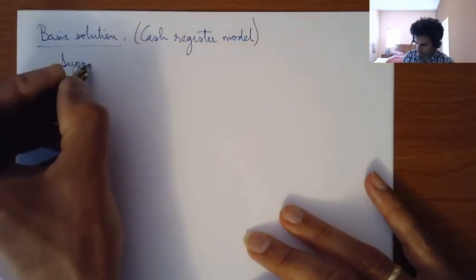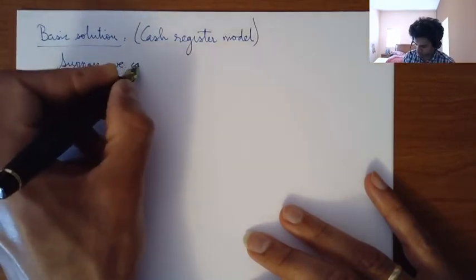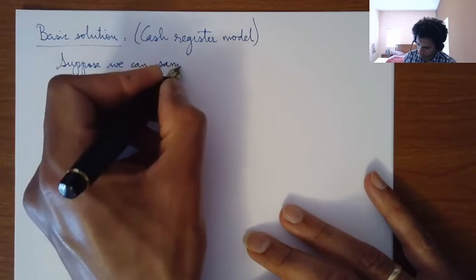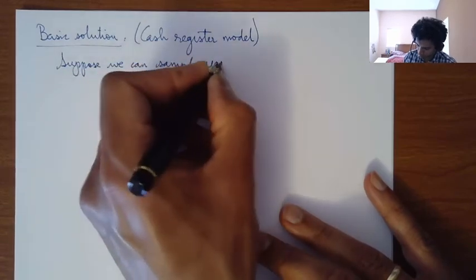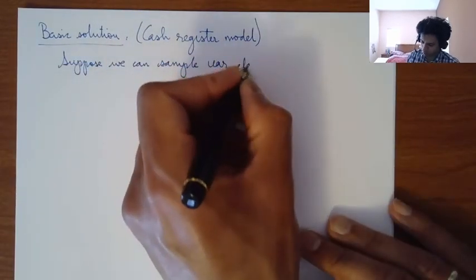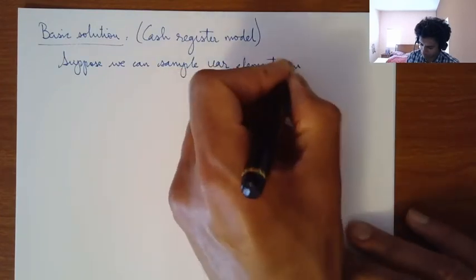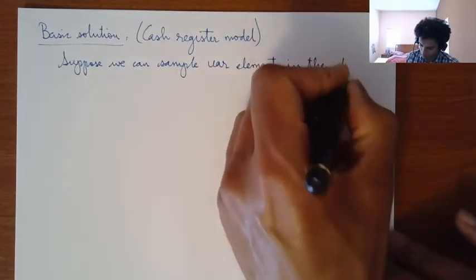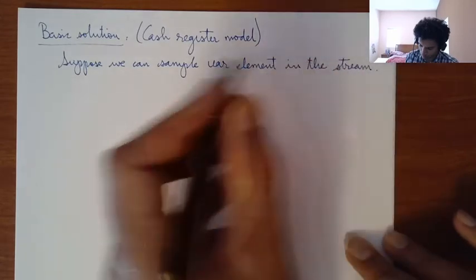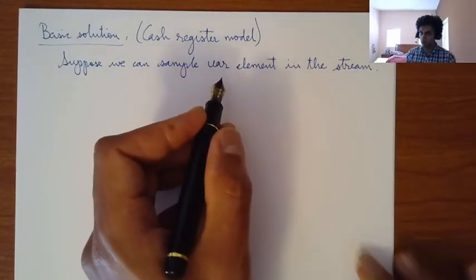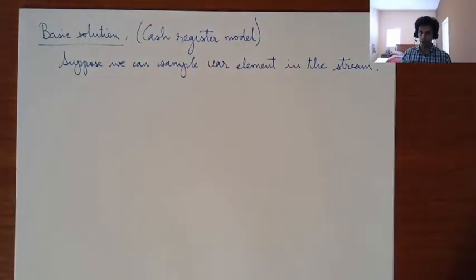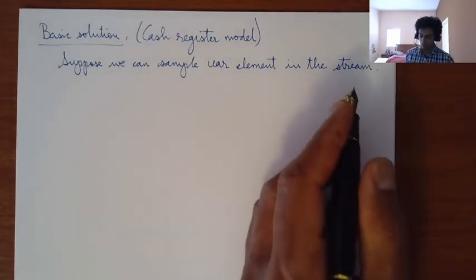Suppose we can sample a uniform at random element in the stream. Now be careful. What I mean by uniform at random element is not a uniform at random element from what has been seen so far, but rather a uniform at random element in the stream which has multiple copies of the same element, right?